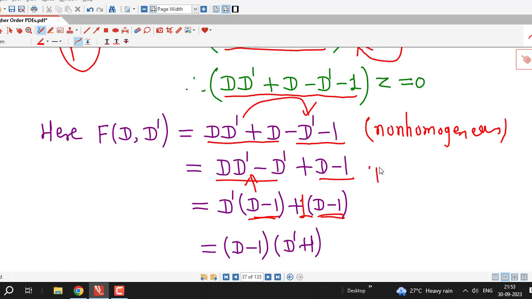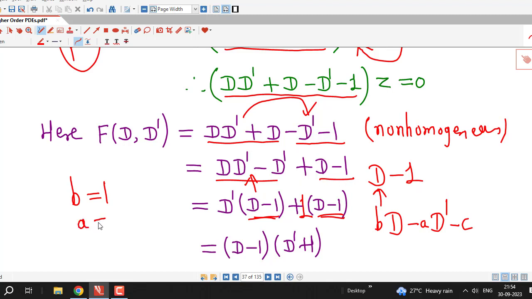So now we have to again compare this D minus 1 with bD minus aD' minus c. So if we compare, we find that b is 1. There is no D' here, that is a equal to 0, and here minus 1 equal to minus c, that is c equal to 1, and b is non-zero.